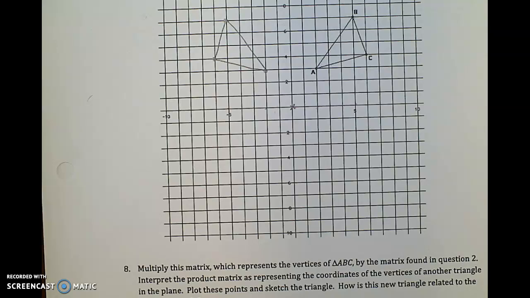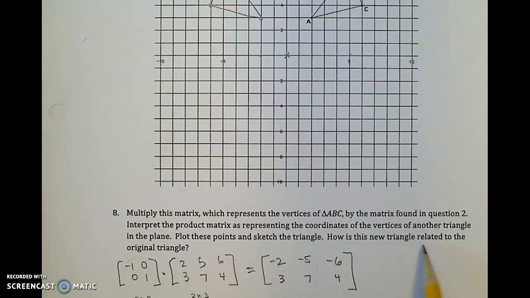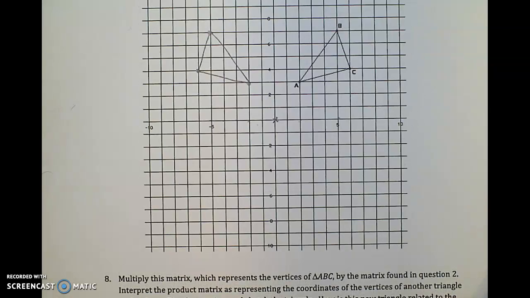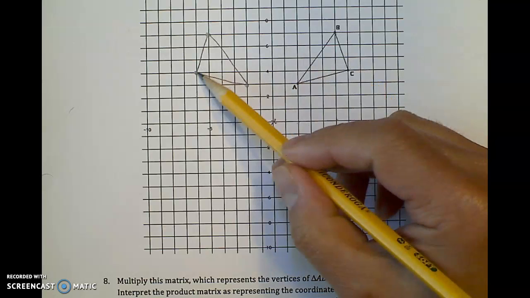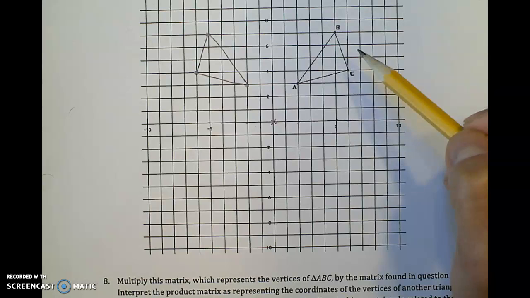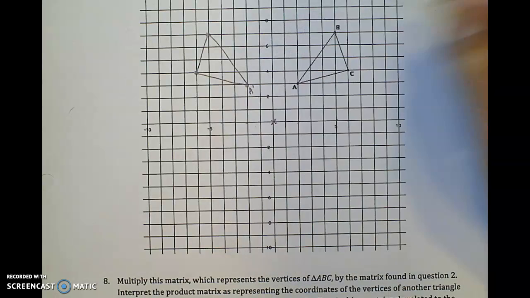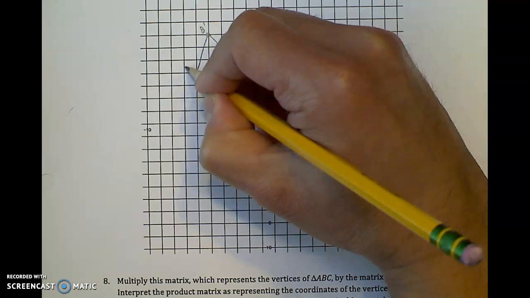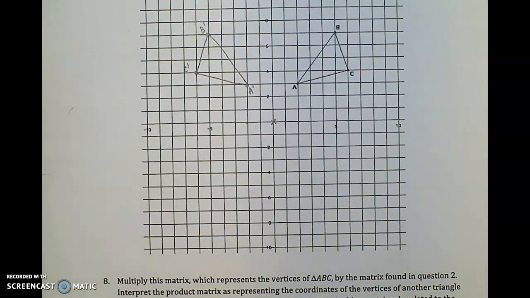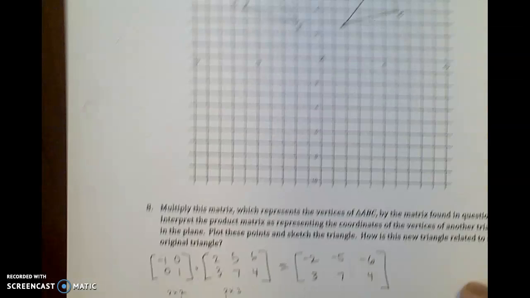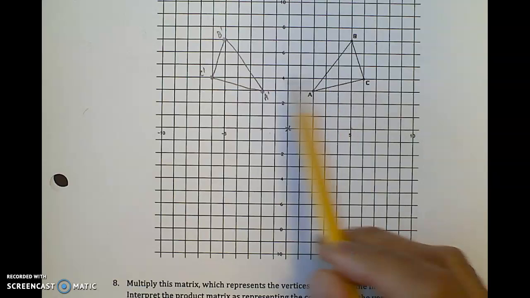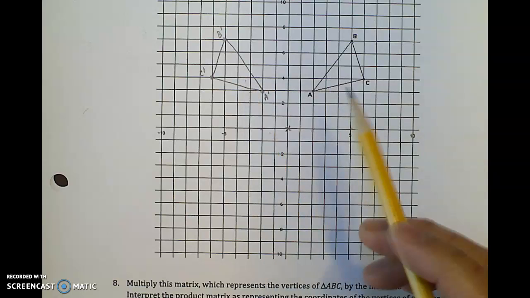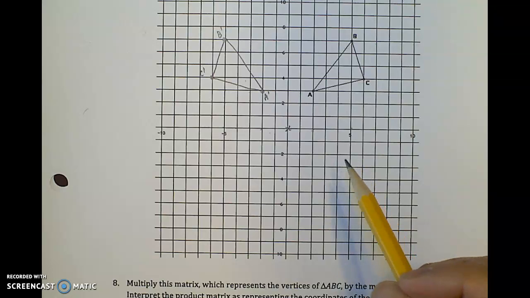So what we see there is, since the question is how is the new triangle related to the original triangle, as you can see, it's a reflection over the y-axis. That's how these two are related. So this would be A prime, this is B prime, and this is C prime. So by taking the triangle matrix and multiplying it by this 2 by 2, it results in a reflection of the triangle over the y-axis.